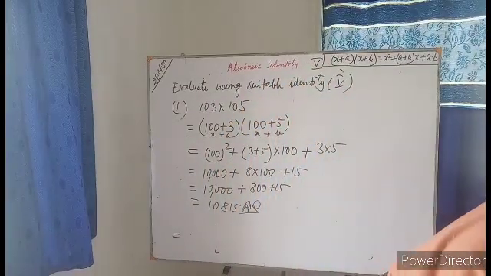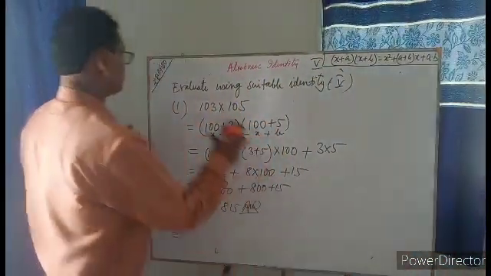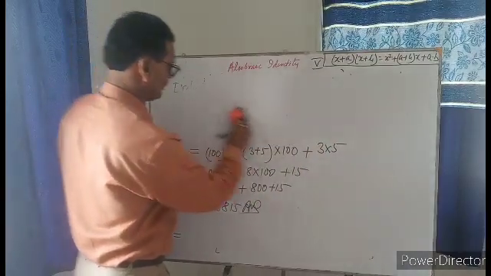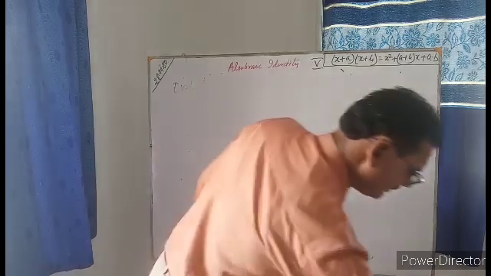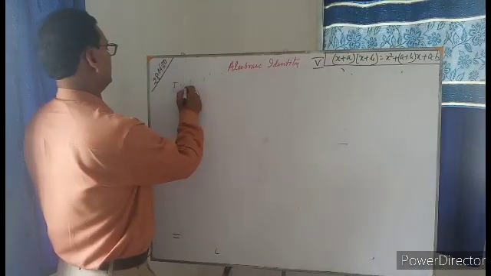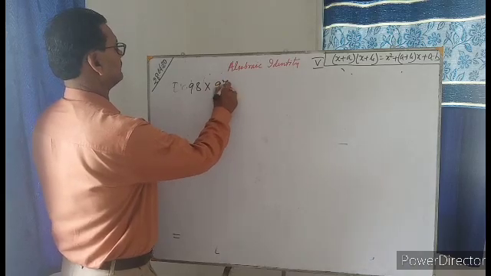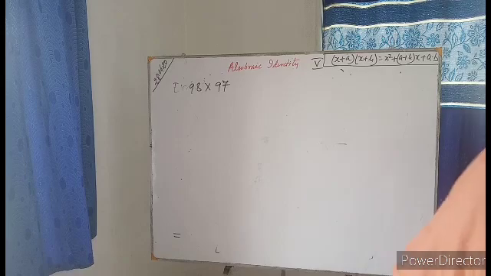Okay. Let us see another question of the same type, 98 and 97. Evaluate using identity 5, 98 into 97.